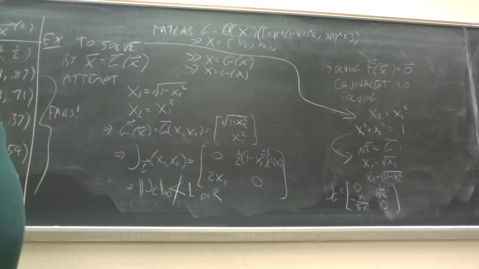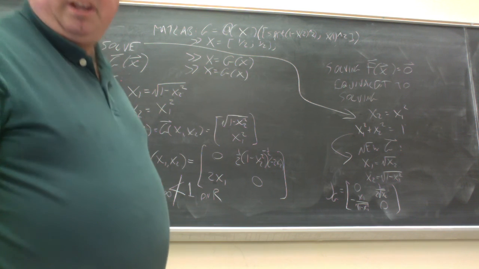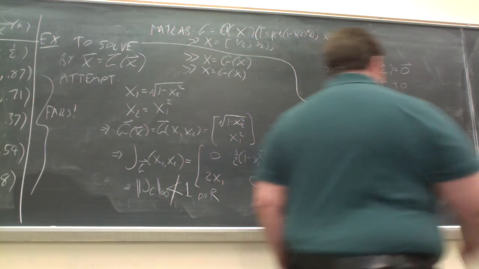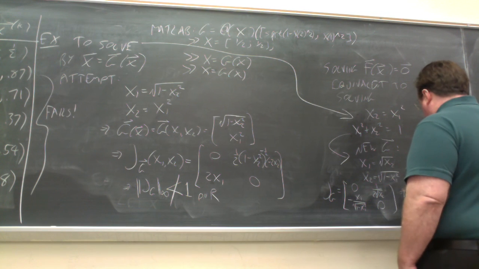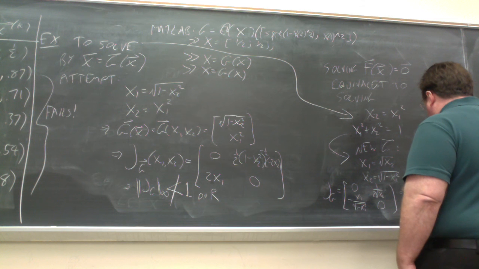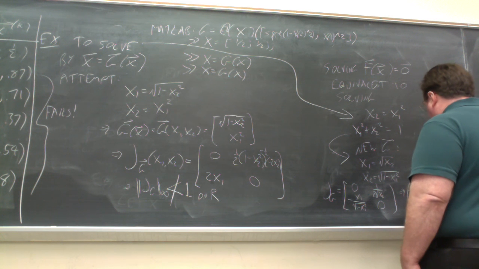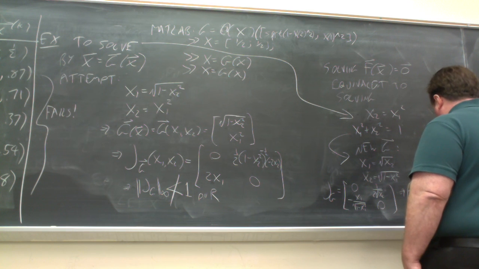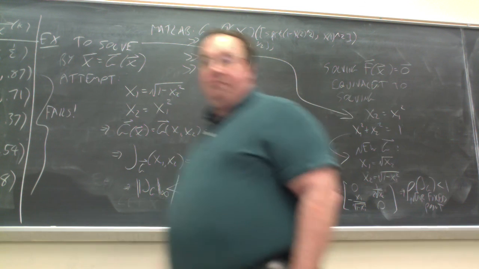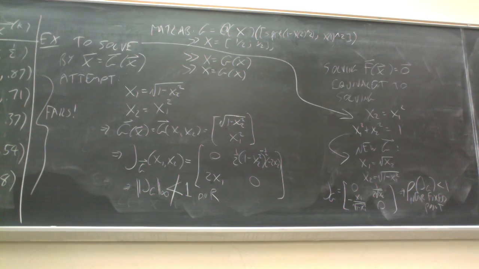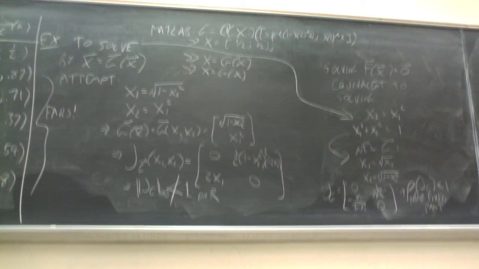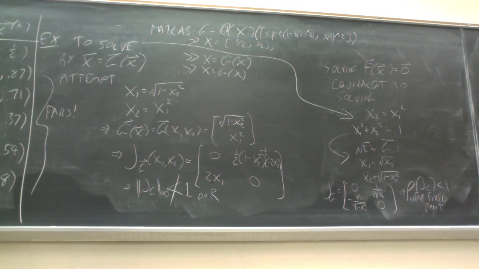But what I can say is that the spectral radius of the Jacobian is less than 1 near a fixed point. And that will lead to convergence, at least if your initial guess is close enough. So it's not an ideal G by any means, it's just a better one than before, because it's not driving the iterates to the corners.